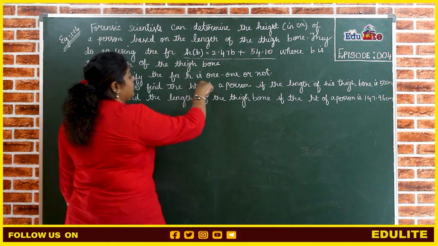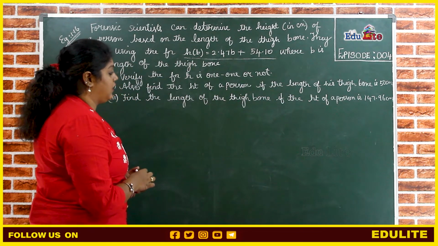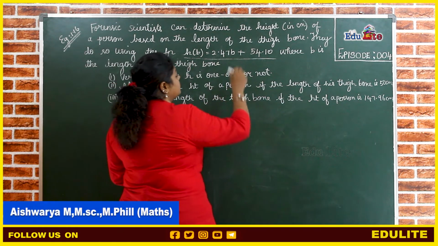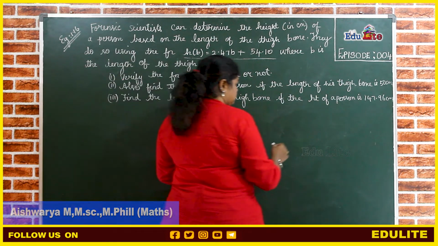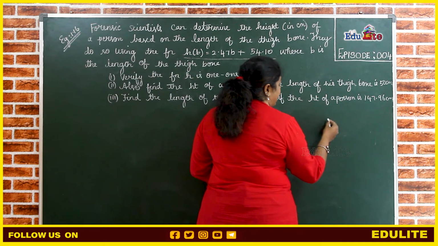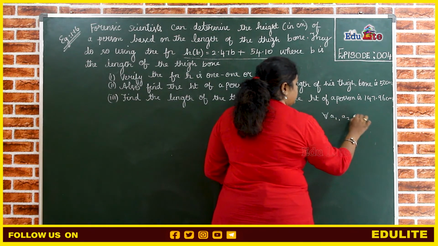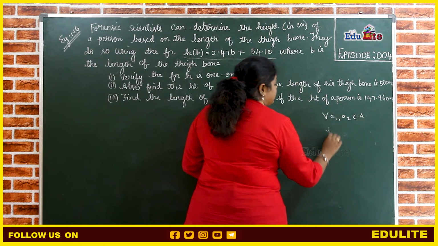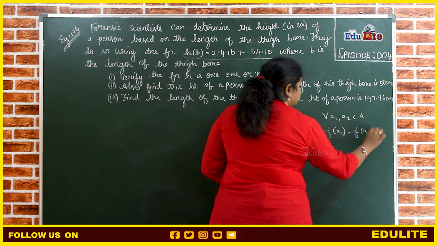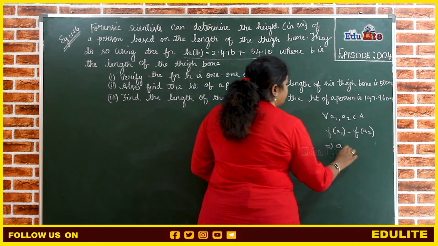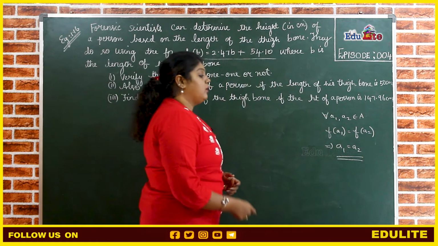First, we have to verify whether the given function is one-to-one or not. If a question like this is given to us, we can use the one-to-one definition: for every a1 and a2 in A, if f of a1 equals f of a2 implies a1 equals a2, then we call f a one-to-one function.